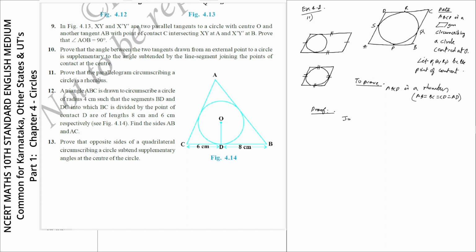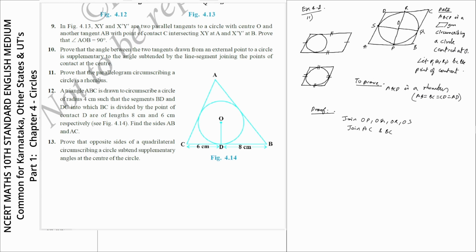I'll join OP. So O is the center. So I'll join OP, OQ, OR and OS. I'll join AC and BD.